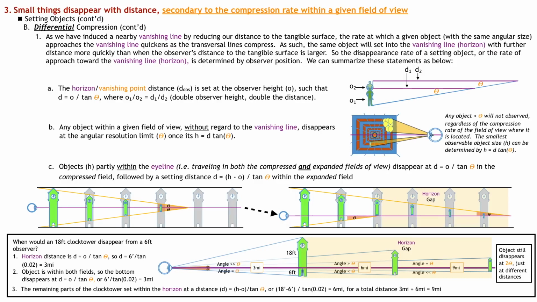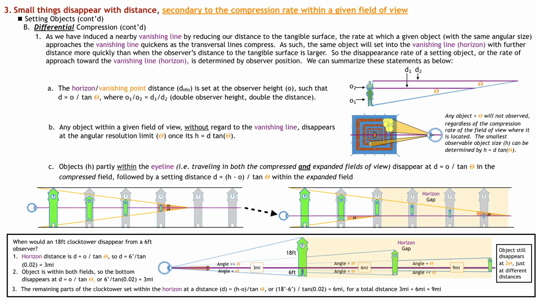So that's part B. Part C, objects partly within the eye line, i.e. they have parts of them above and below the eye line, and they're moving straight away from you, similar to a car, let's say. They are traveling in both the compressed and expanded fields of view.